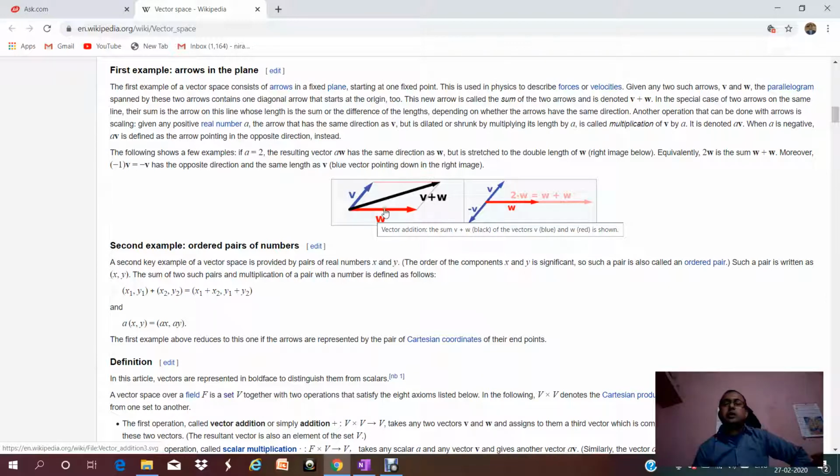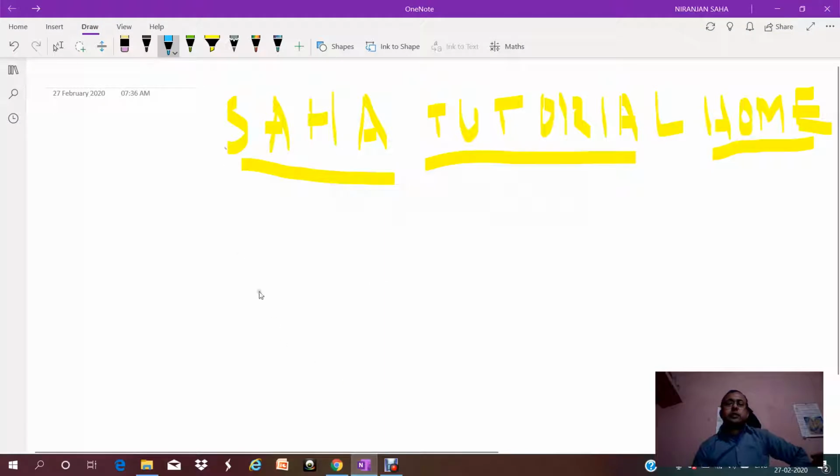So v plus w, in vector form, represents the resultant of the two vectors. Now let's see how.